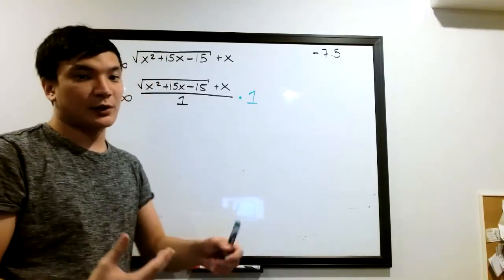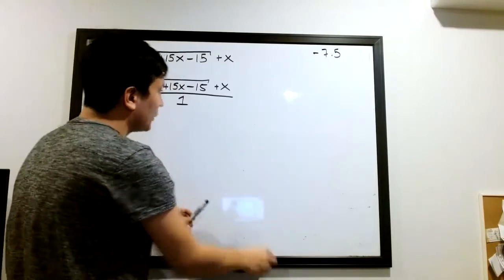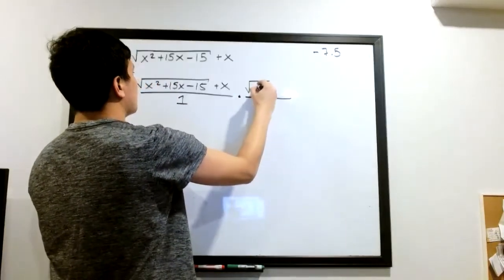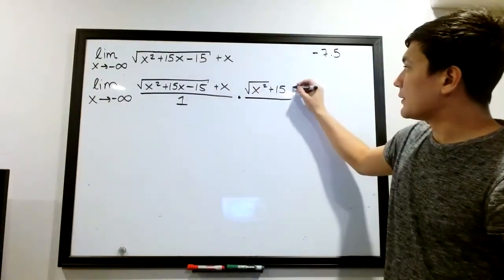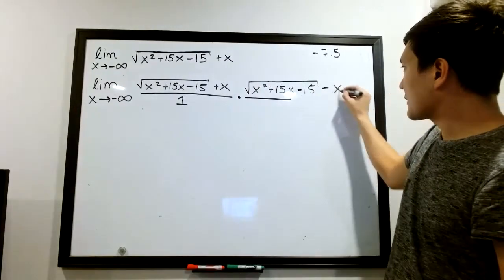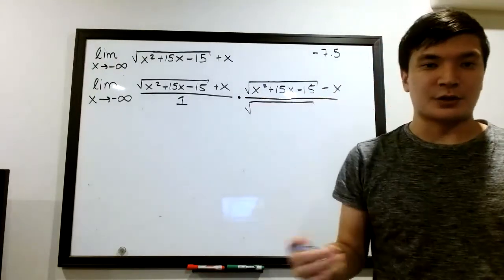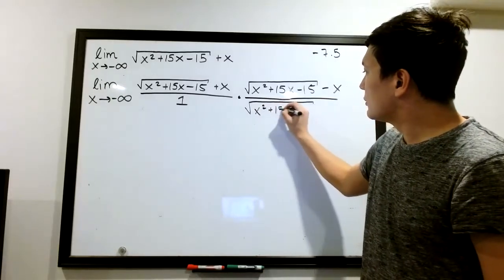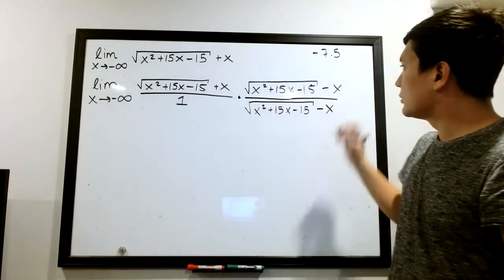I'm going to multiply it as follows: square root of x squared plus 15x minus 15, all under the square root, minus x. And I'm going to do the same thing on the denominator to make sure that I'm multiplying by 1.